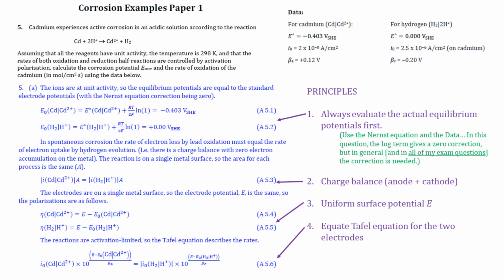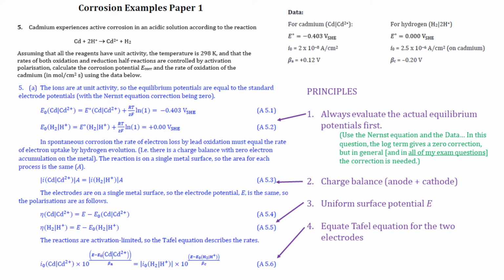It also gives you some data. Now these questions can be solved in a standard way. Please do write down the principles which you're applying first, which are on this slide between equations A5.1 and A5.6, and then just solve algebraically. Principle number 1 in solving these speed of corrosion questions is always, the first thing you should do is to evaluate the actual equilibrium potential of the half reactions at the concentrations or ion activity relevant to this question.